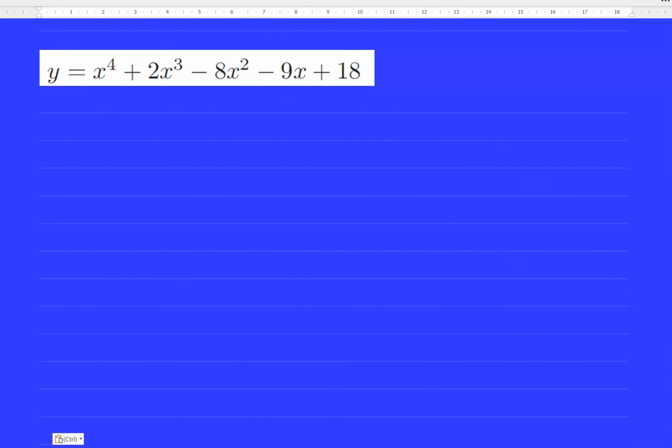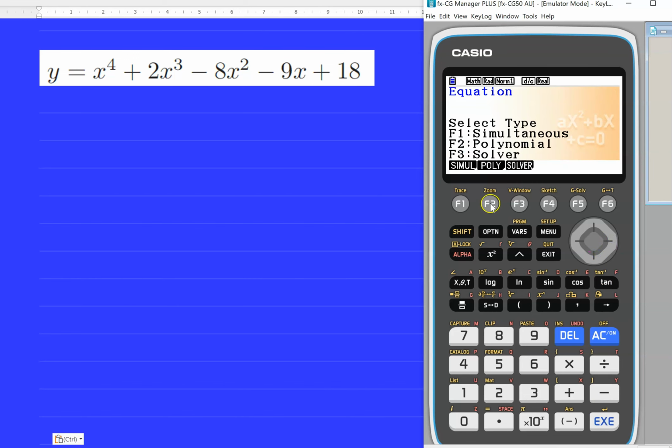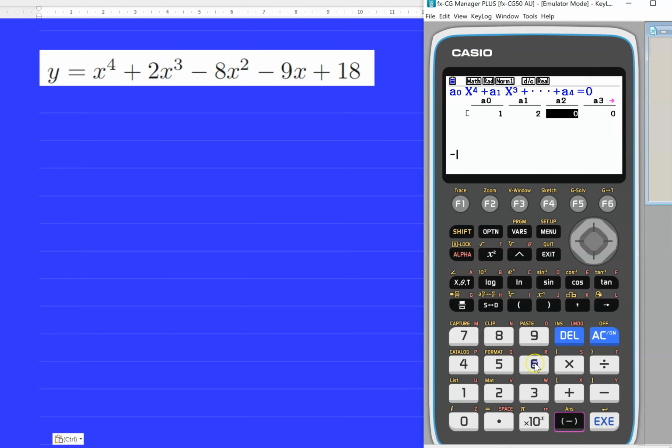All right, let's go at this question, and the question is that let's find the zeros of this quartic. So the first thing we will do is go to our calculator. We'll go down to equation, polynomial, degree 4. I'm going to pop in our coefficients: 1, 2, -8, -9, 18.